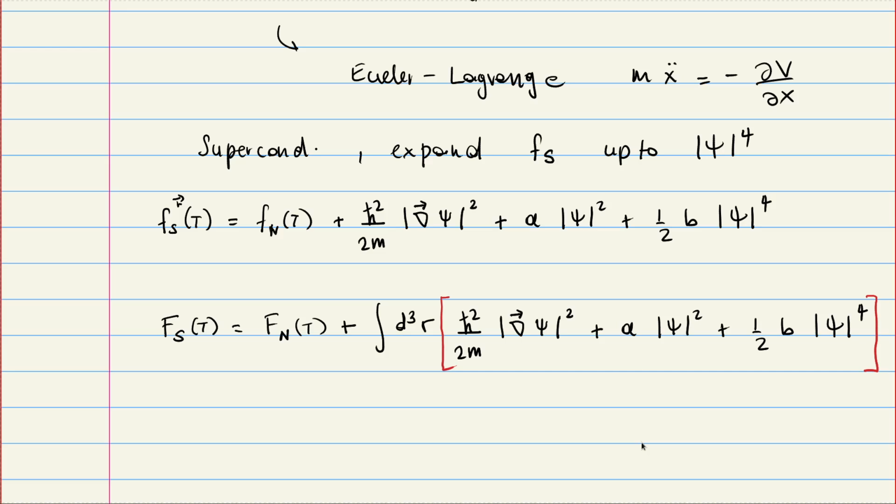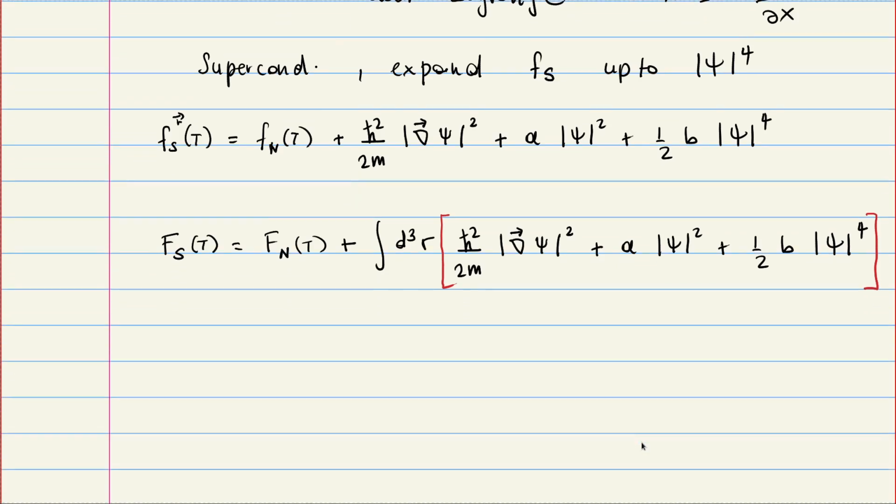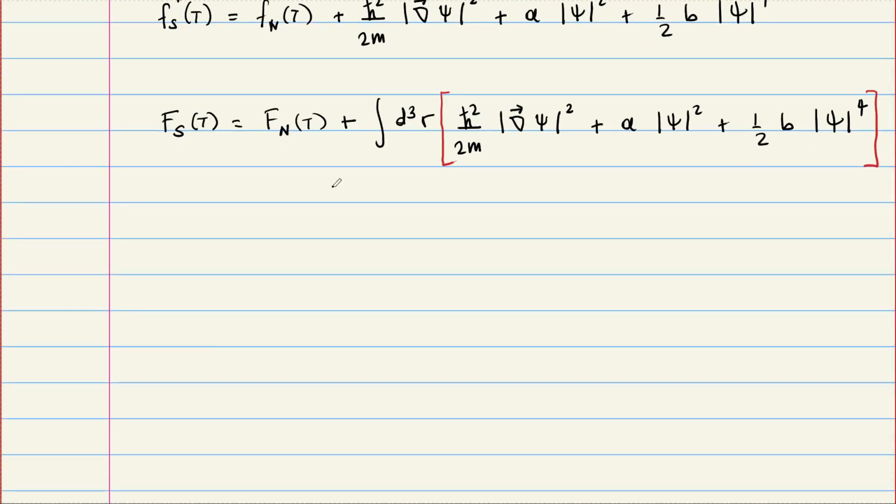How many people know something called the functional derivative? I think if not, it is kind of like a derivative, but it is functional. Let me just introduce it to you. Suppose I have some x_i, and this means x1, x2, x3, and it can go on if you want.